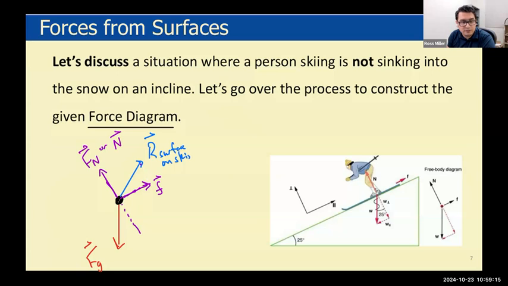So those are two components. And then this is the angle and the slope. So it turns out usually the friction part's not that big. It might be more like this, size-wise. Okay, so that's the force diagram we have.